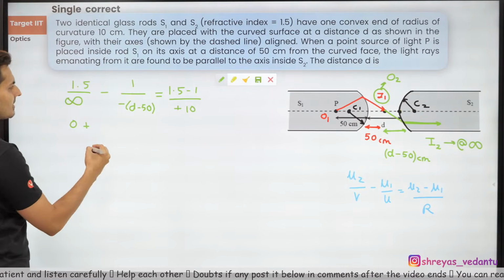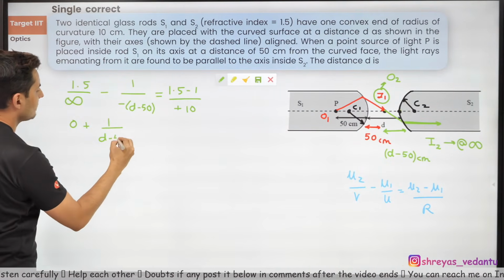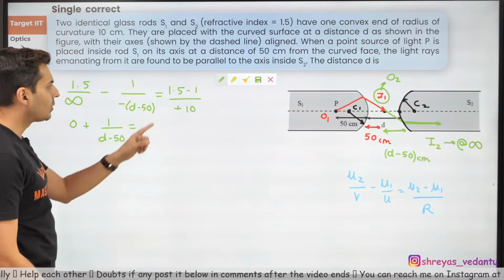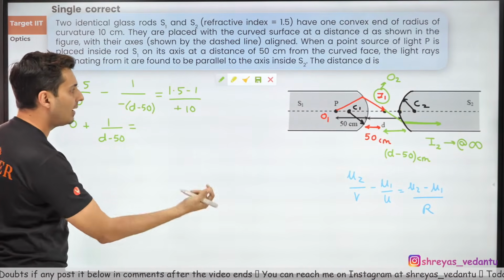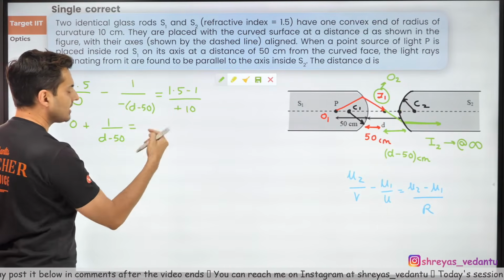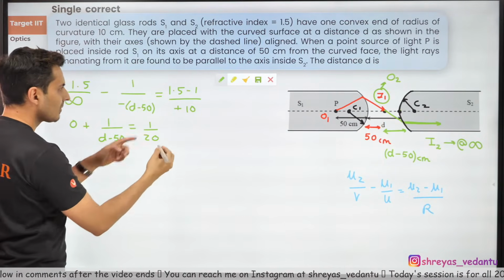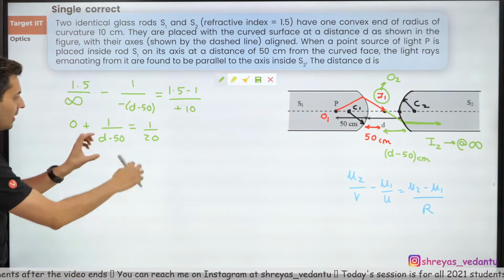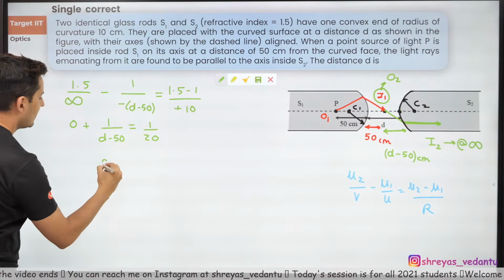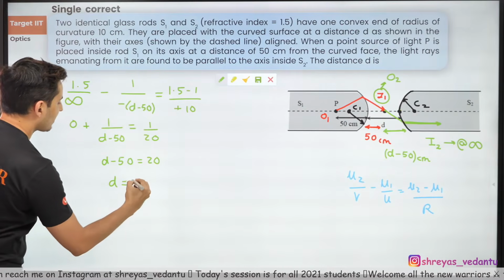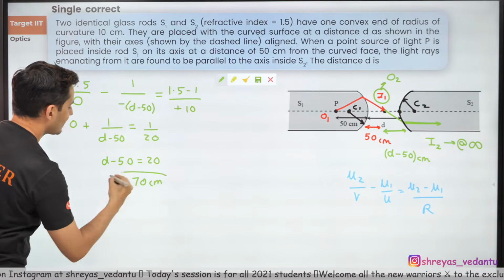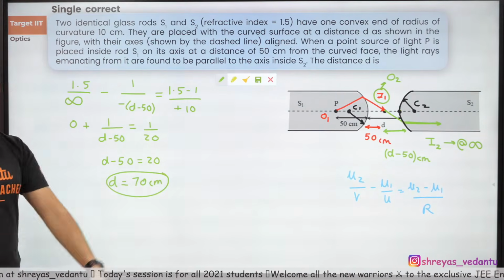Minus minus is plus, so this will be 1 by (d minus 50) is equal to 1.5 minus 1, which is 0.5, nothing but half. Half and this 10 will become 1 by 20. I hope this makes sense. Now just flip it, so you will get d minus 50 is equal to 20. Therefore d is equal to 70 centimeters. I have found the answer. That's the final answer, guys.